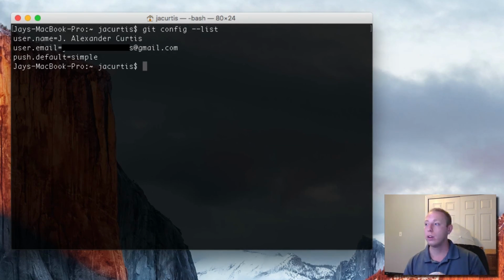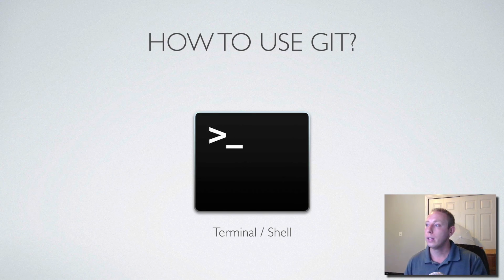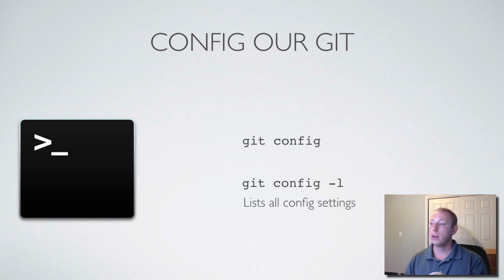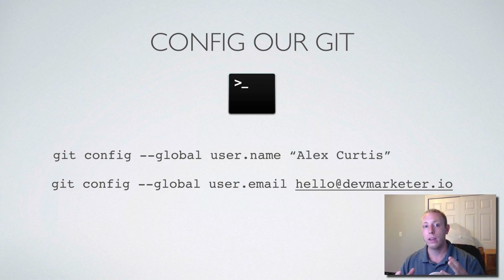Now, if we head back over and look at what we were doing before, once again, I want to show you that you can do git config -l or --list, which will list all your config settings, okay? Now to set those config files, this is what you're going to want to do. You're going to do git config --global. This sets your global config instead of your local config.